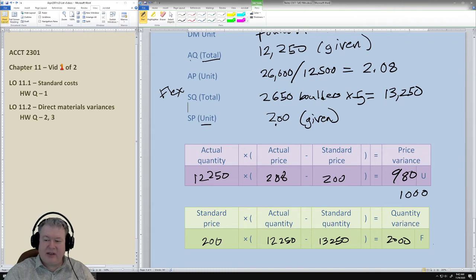So we have 980 unfavorable and 2,000 favorable. So this is going to come out favorable, but the price variance was we're spending too much, even though we're using less than what we had projected.